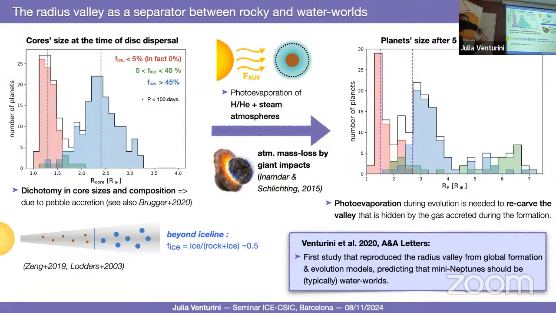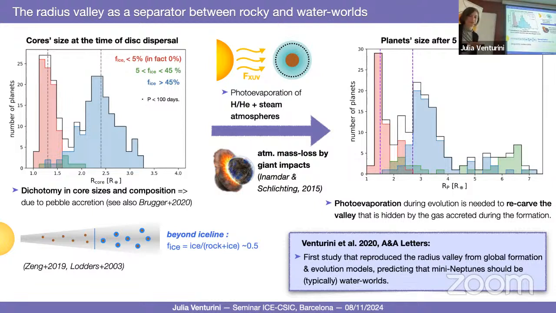Formation is setting up the core size distribution in the correct location with two different compositions. That's different from the pure evolution models, because formation tells us that there are two key compositions, ices and rocks. We cannot just forget about that. That's what formation tells us. And then we need the evolution to remove the atmospheres and recover this radius valley.